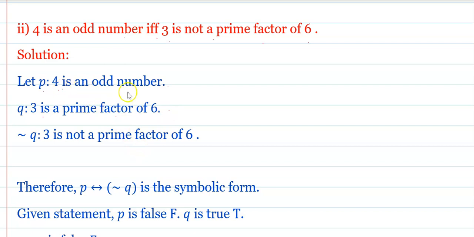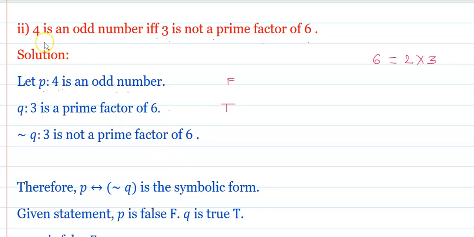Okay, 4 is odd number. The truth value of this P is F. 4 is not odd number. It is even number. 3 is a prime factor of 6. Yes, it is a prime factor of 6. The prime factors of 6 are 2 into 3. Therefore, 3 is a prime factor of 6. The truth value of the second statement is T.